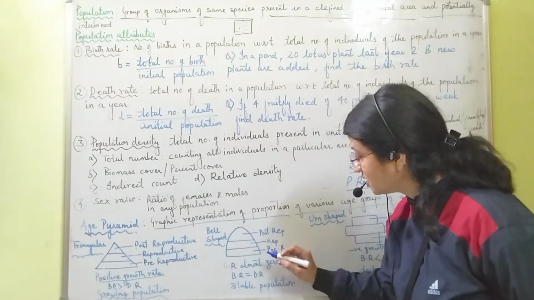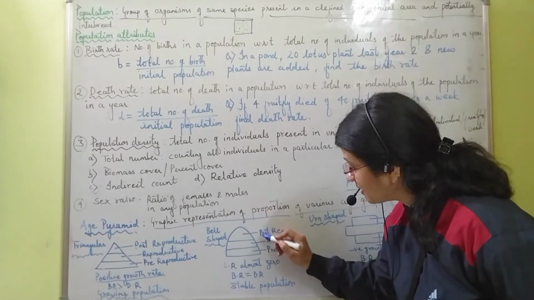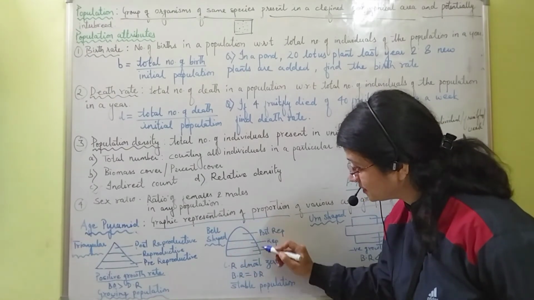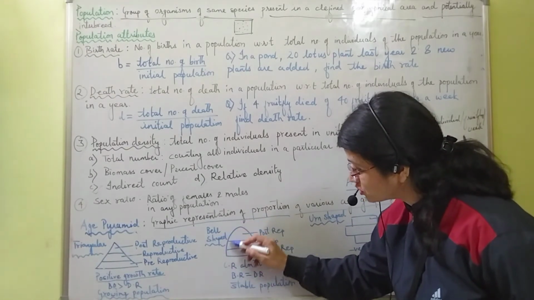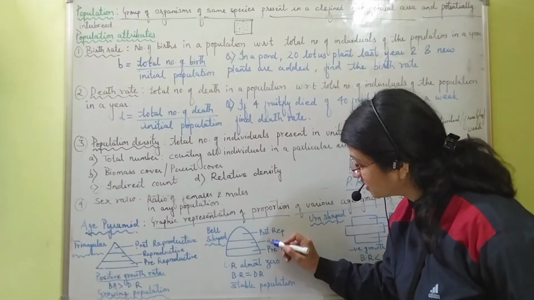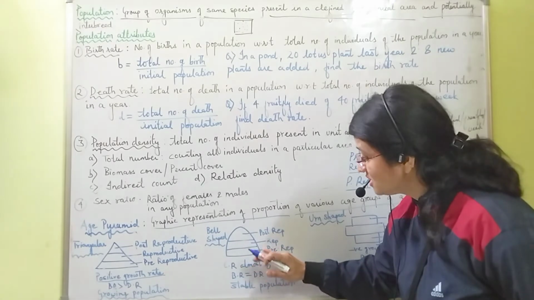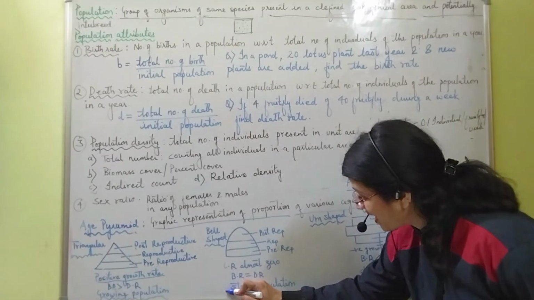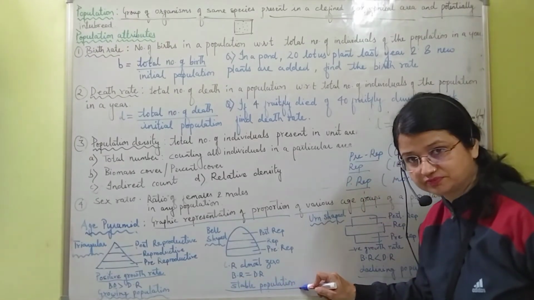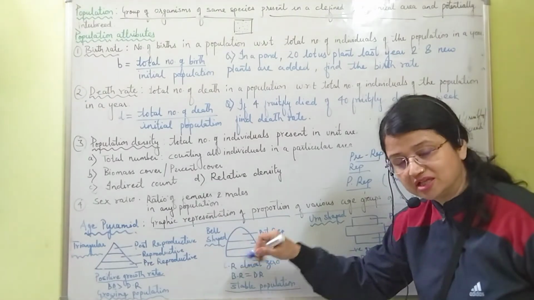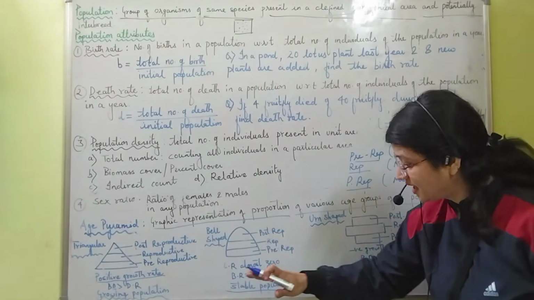The second one we will see, when the pre-reproductive and reproductive are almost equal, then we will get a bell-shaped age pyramid. This type of population will be called a stable population. It's neither growing nor declining, it is stable.